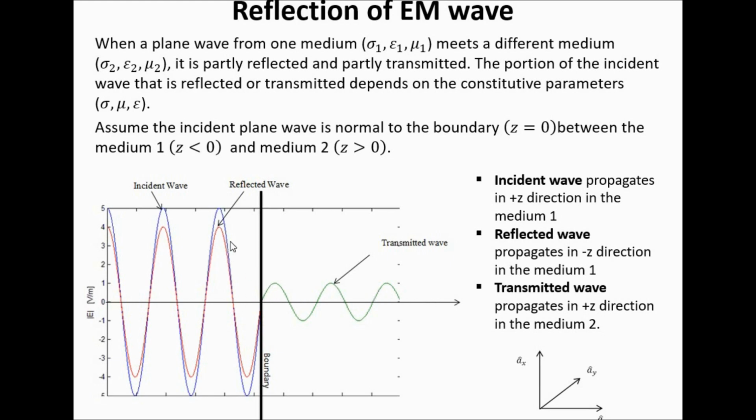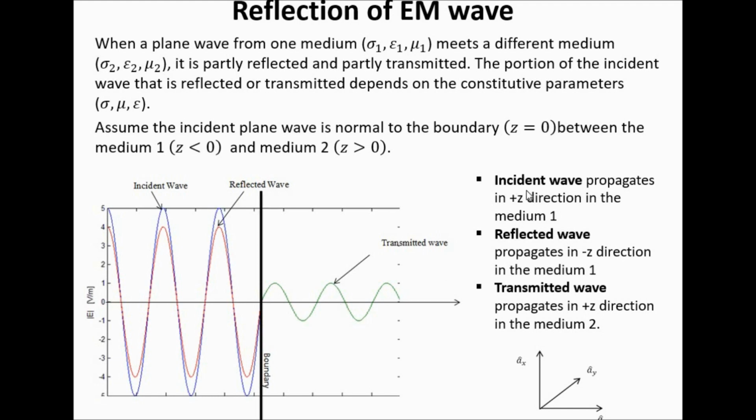Now look at the diagram here: the incident wave in blue, the reflected wave in red, and the transmitted wave in green.